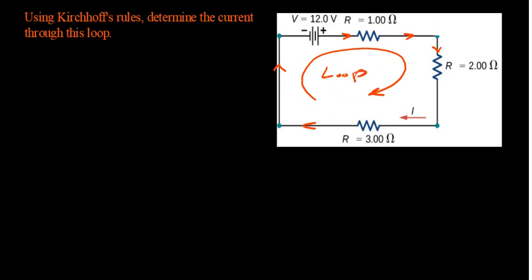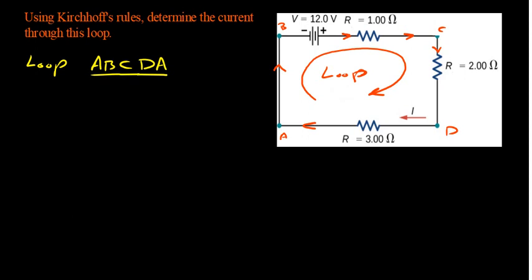Okay, I can call this A, B, C, D. It's fine. So my loop will be A, B, C, D, and coming back to A. That's my loop, which is clockwise, right?